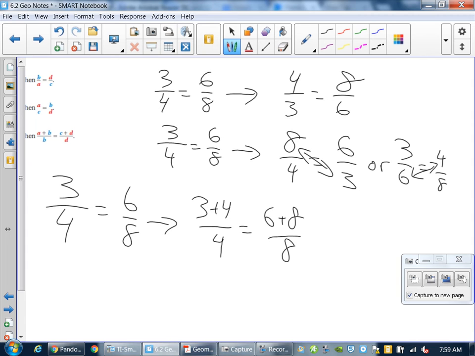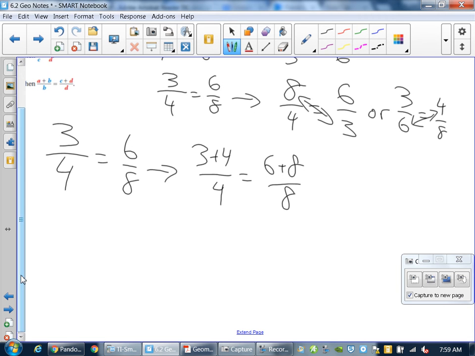Notice, all I did was add the denominator to the numerator. When you do that, you get a new fraction. Here we get 7/4, and here we get 14/8.